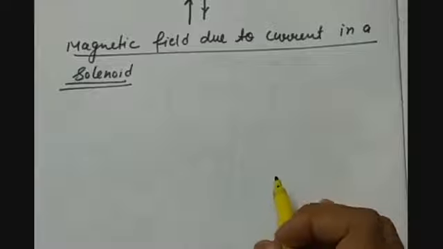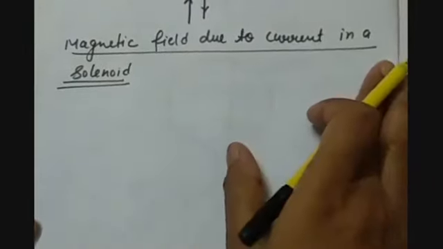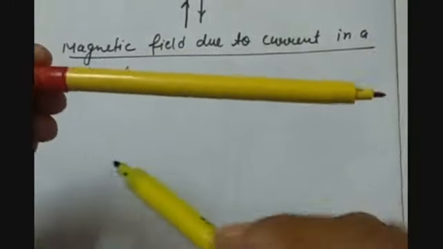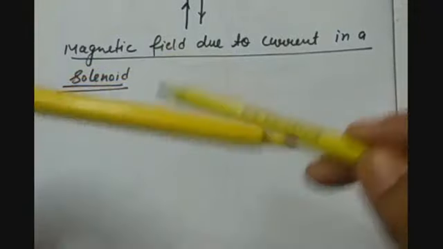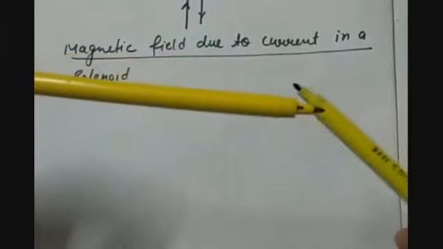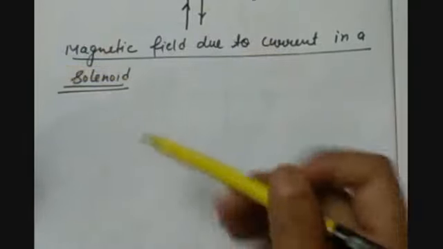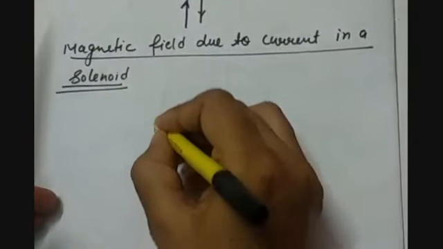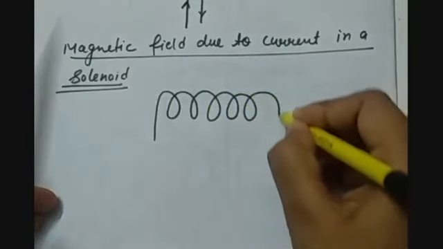The next topic is magnetic field due to current in a solenoid. So the first thing is, what is a solenoid? Actually, let's have a wire and we wrap that wire, which is insulated, on an insulated body. So if I wrap up the wire around a cylindrical thing in such a manner that it takes the shape of a cylinder or a spring, this way.